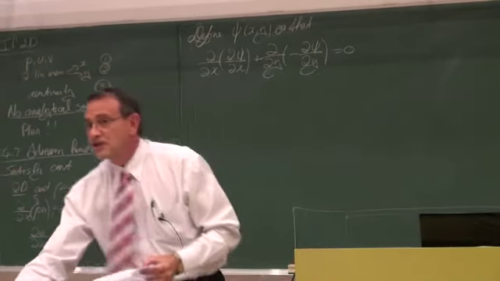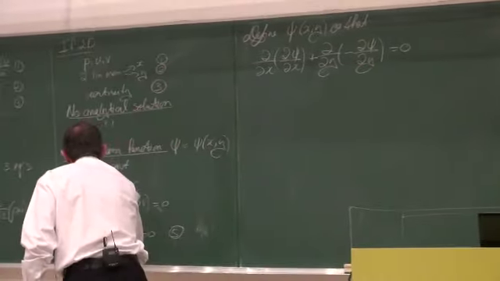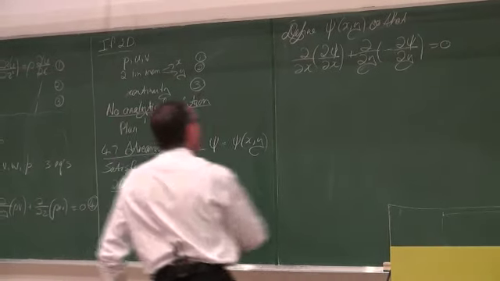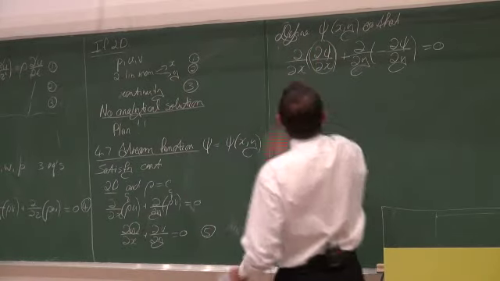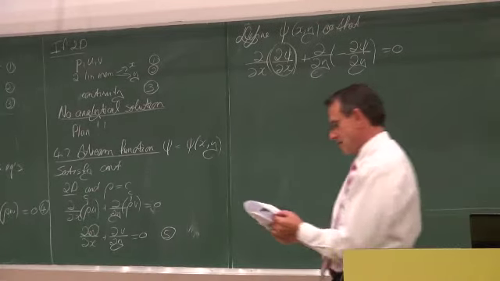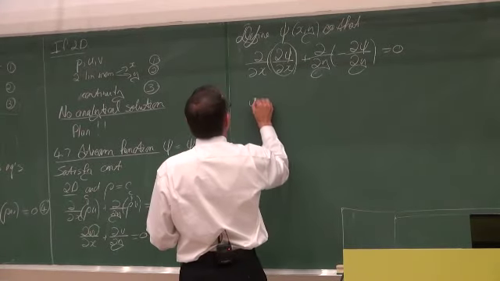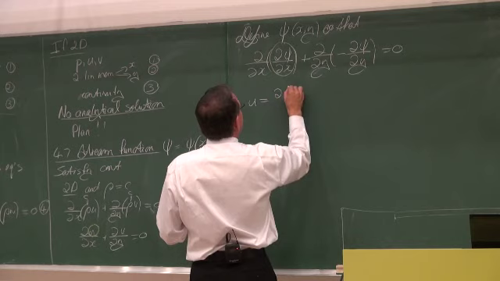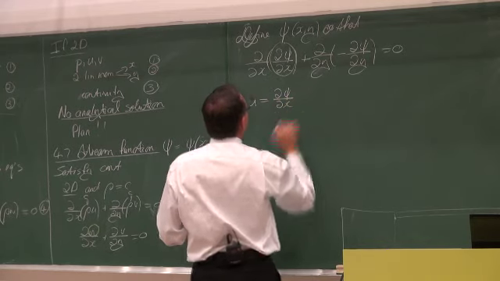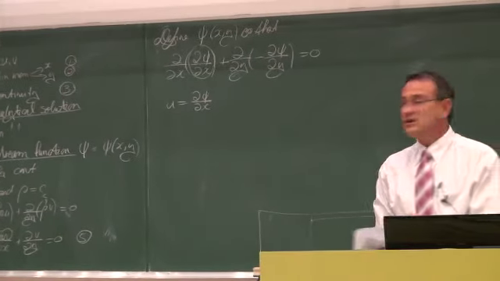Okay. So if we look at this term here, then u is equal to that term there. So u is equal to the partial derivative of the stream function in the x direction.